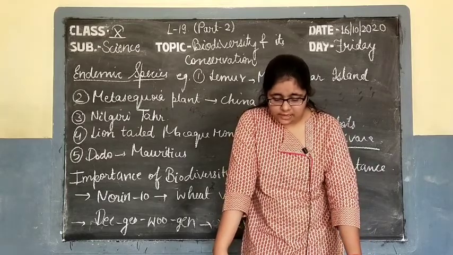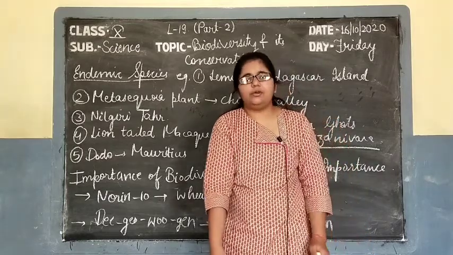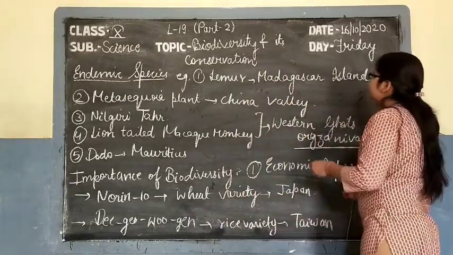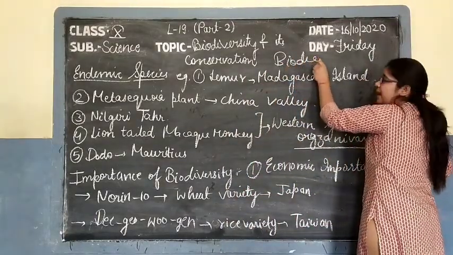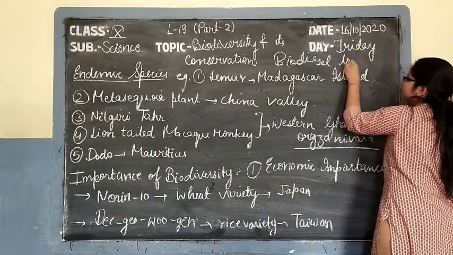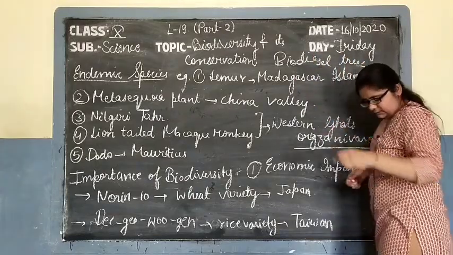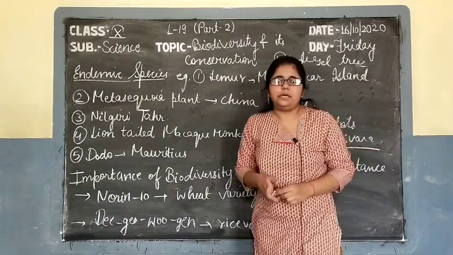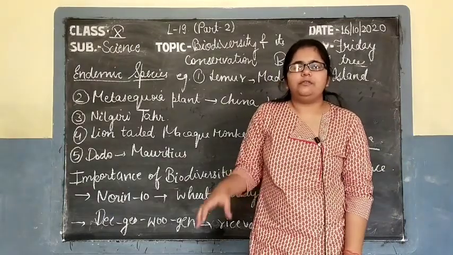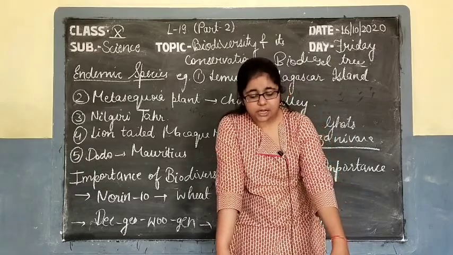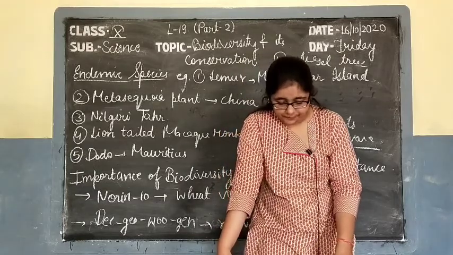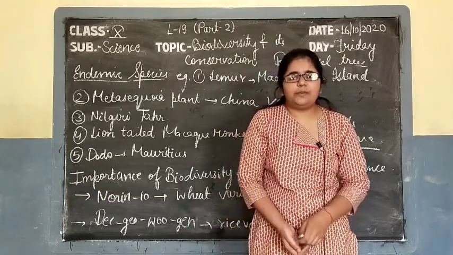So after that, there is one more category of economic benefits, which is biodiesel trees. In the biodiesel trees, we can obtain organic fuel from these plants. The examples of these biodiesel trees are Jatropha and Karanja.